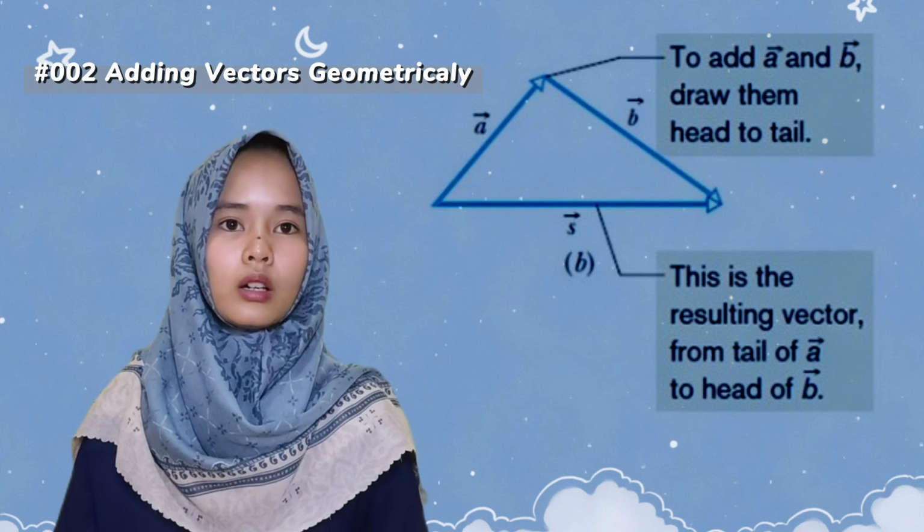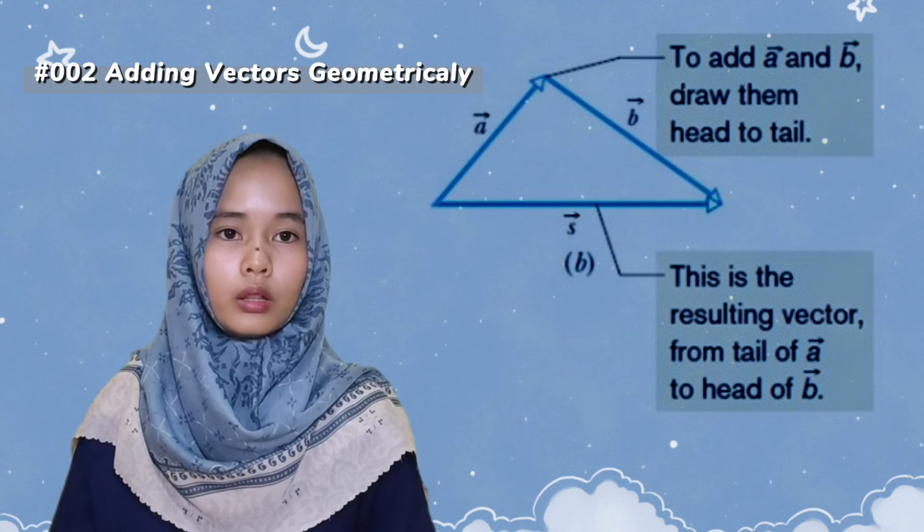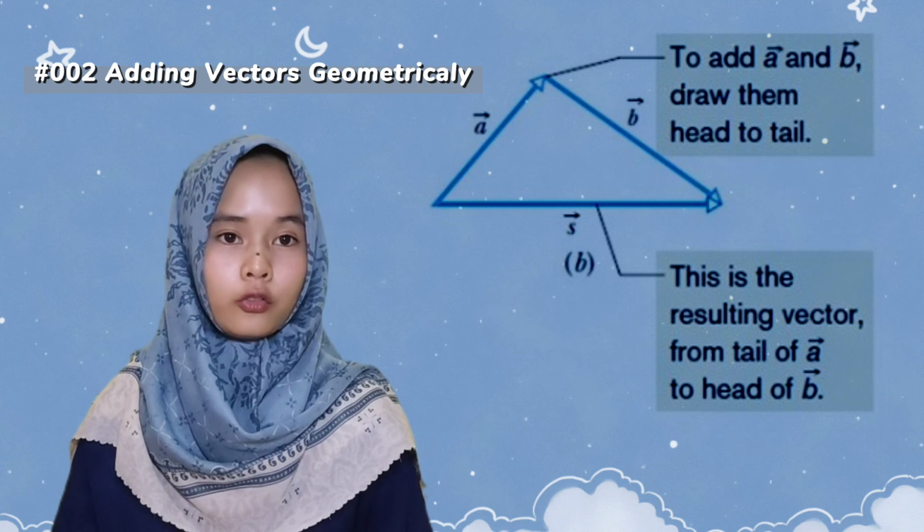A symbol with an overhead arrow always implies both properties of a vector, magnitude and direction.